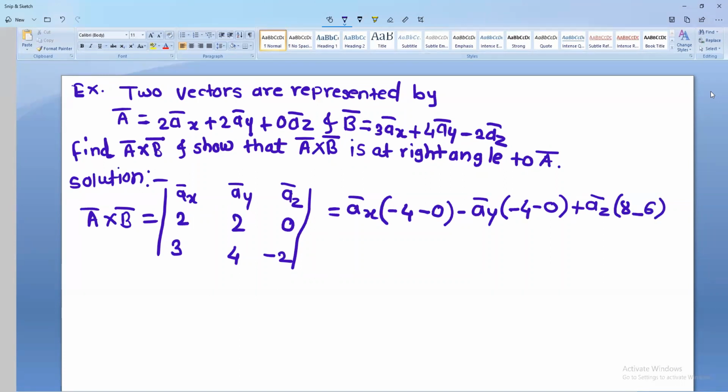So it is equal to minus 4 a bar x plus 4 a bar y, and 8 minus 6 is plus 2 a bar z.